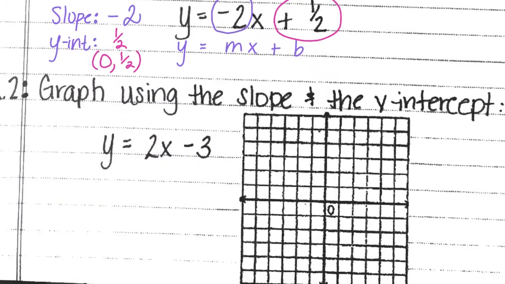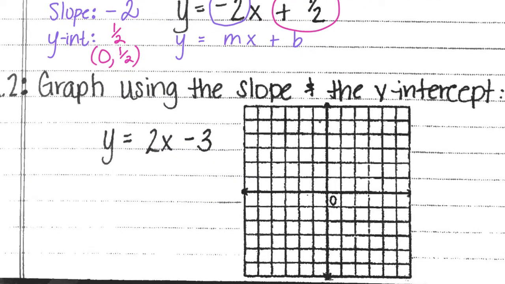My next question is asking me to graph using the slope and the y-intercept. So again, I need to know that y equals mx plus b. We're going to start at -3. So if this is my origin right here, I'm going to start at -3. And we're always going to start at the b, or the y-intercept.